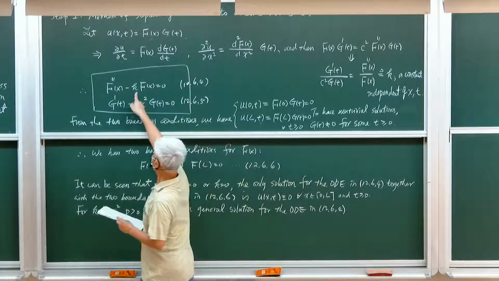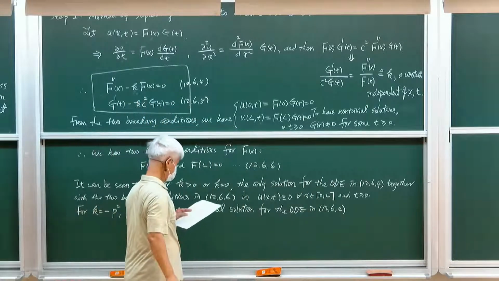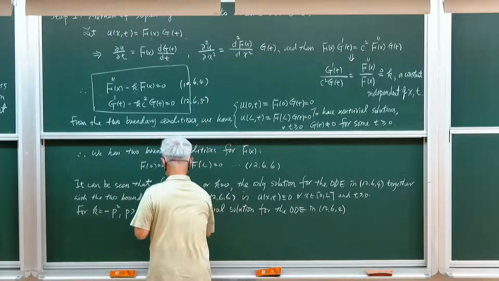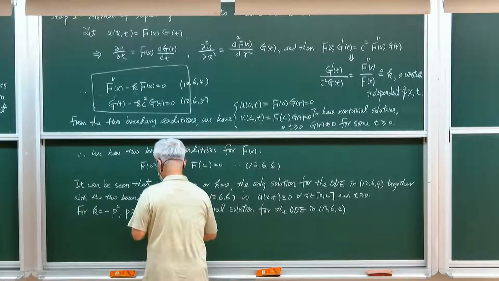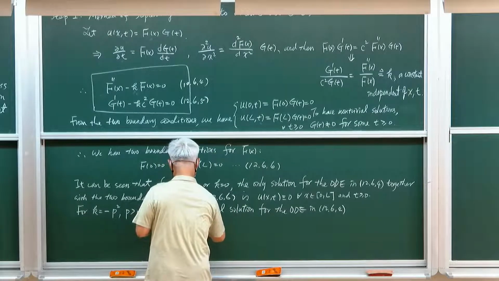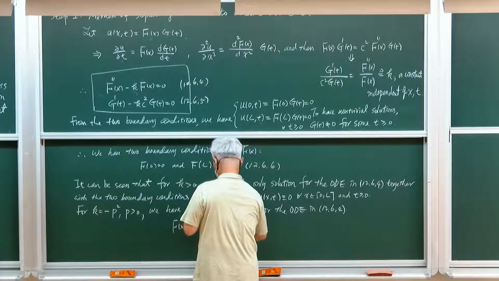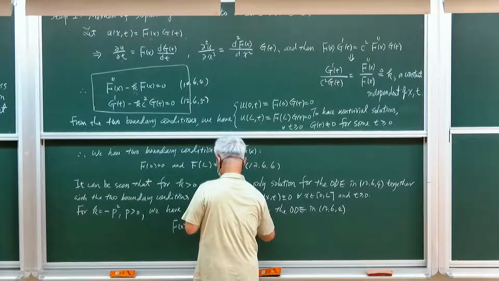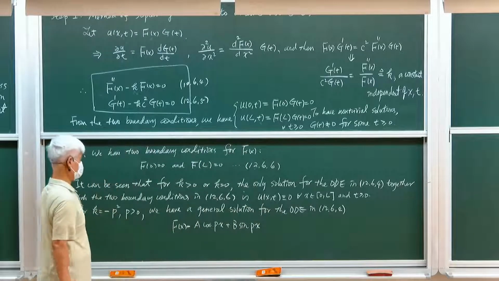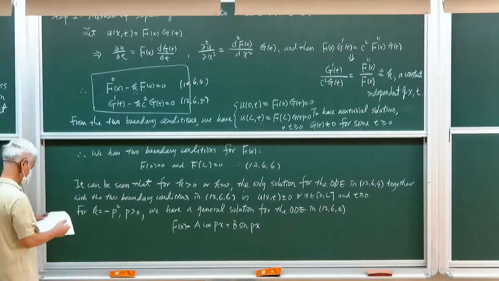So when k is negative, we have A cosine px plus B sine px. Okay, so we have such general solutions.